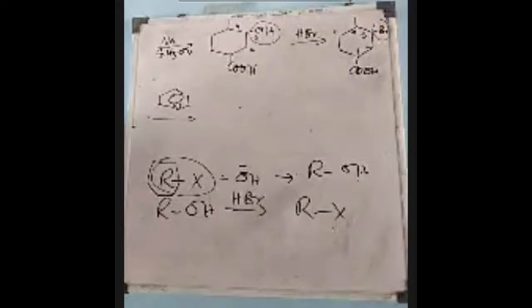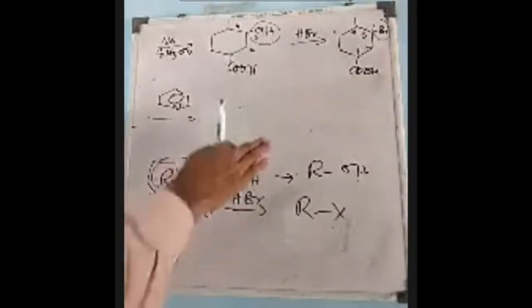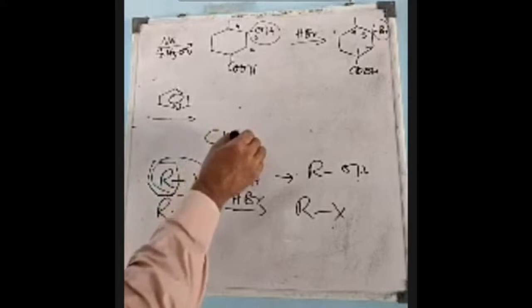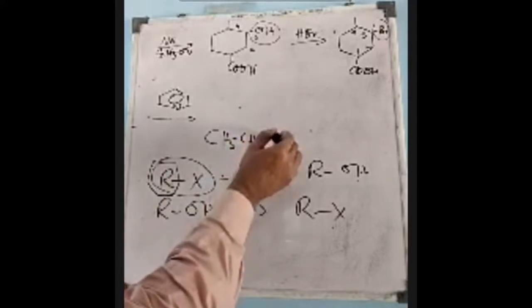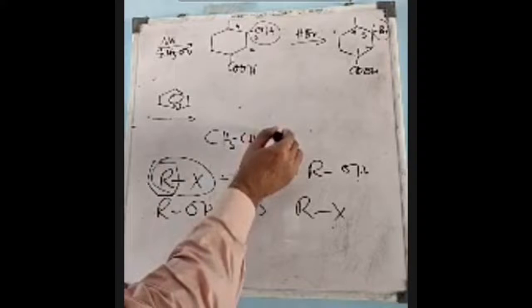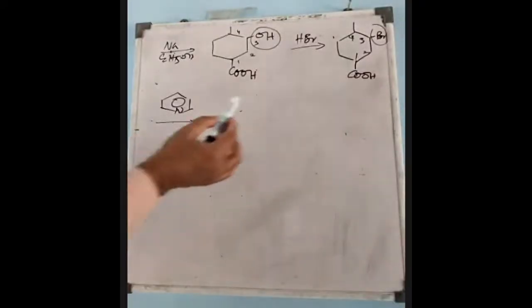For example, if we have this type of compound, CH3, CH2, with sodium hydroxide or potassium hydroxide, an inorganic base, then a sodium or potassium salt will be obtained. But if you use pyridine, which is also a base, this base will remove the hydrogen bromide molecule from here.